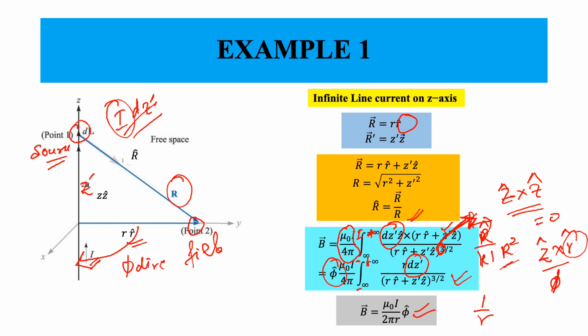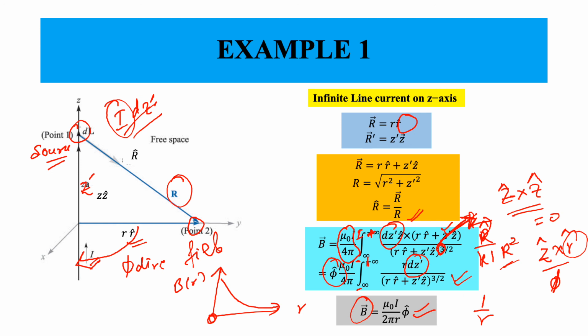If you want to sketch B as a function of r, it will be decreasing. At r equal to 0 the vector B will blow up.